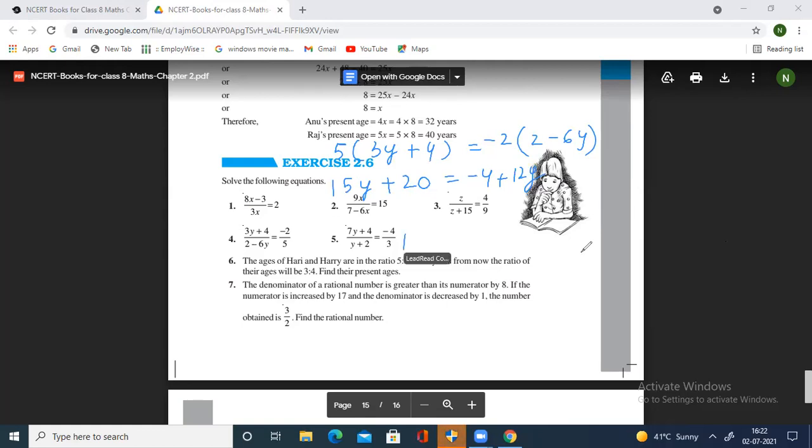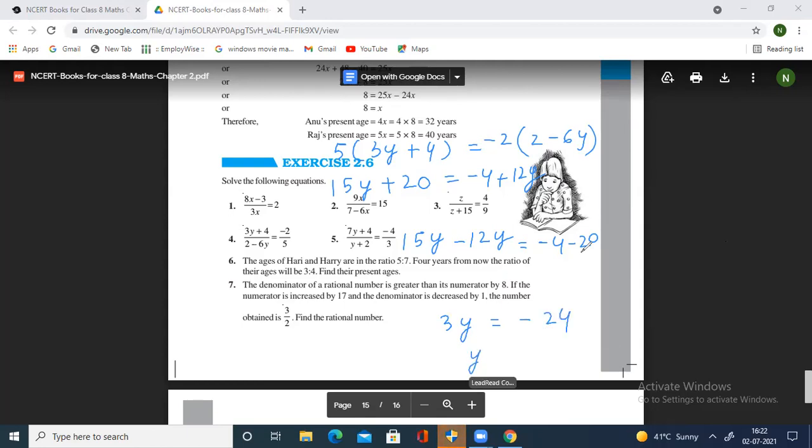Okay, so 15y, plus 12y will come here, it becomes minus 12y. It is equal to minus 4 plus 20 will make minus 20. So 15y minus 12y, that is 3y, is equal to minus 24.